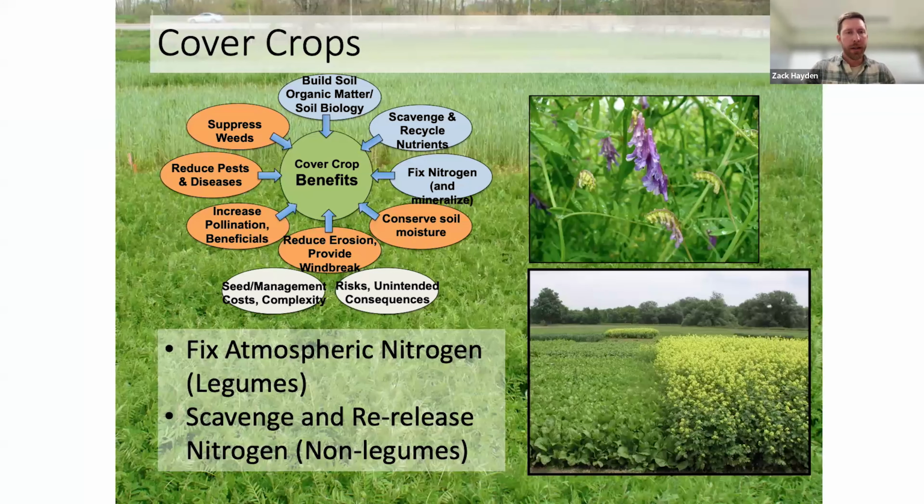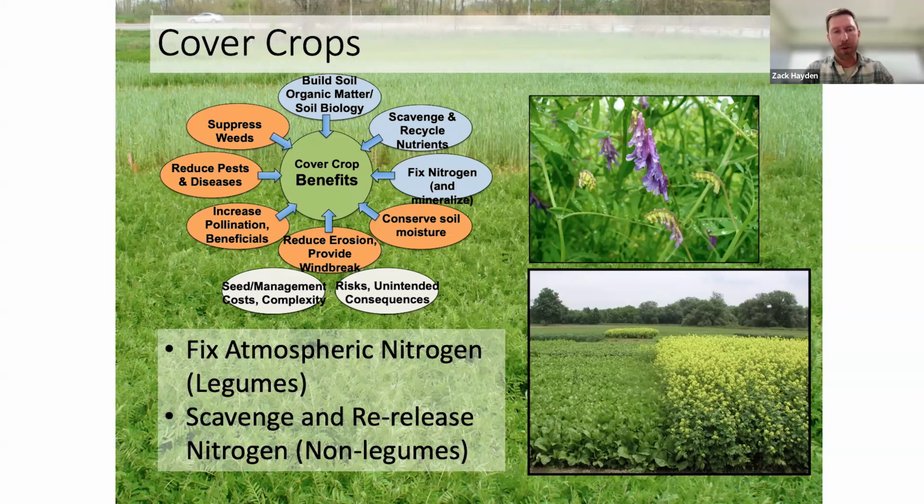Okay, I wanted to say a few things about cover crops. Obviously, we know that they provide lots of potential benefits in production systems. With respect to nutrient management, or organic fertility, legumes are important because they have the potential to fix atmospheric nitrogen and provide an additional source of nitrogen to systems.